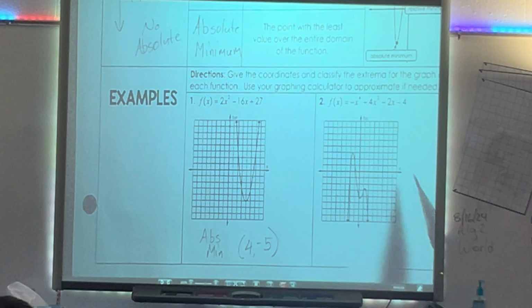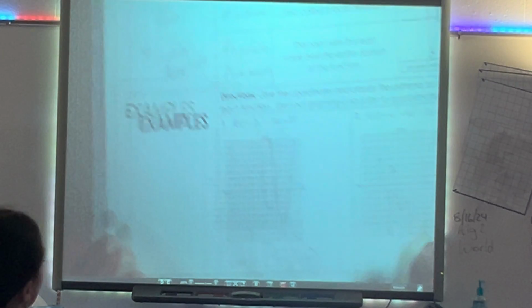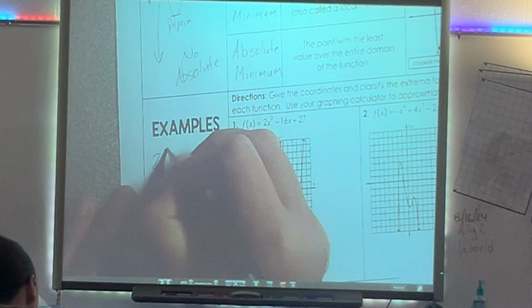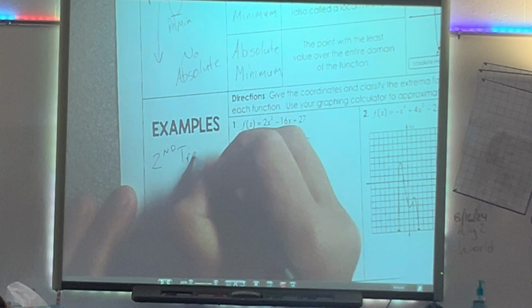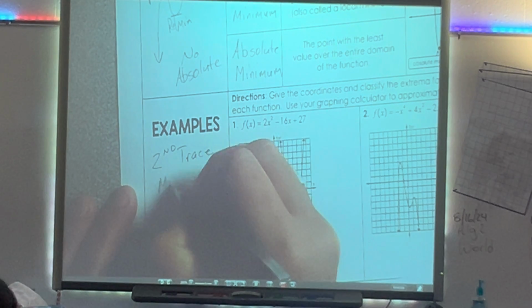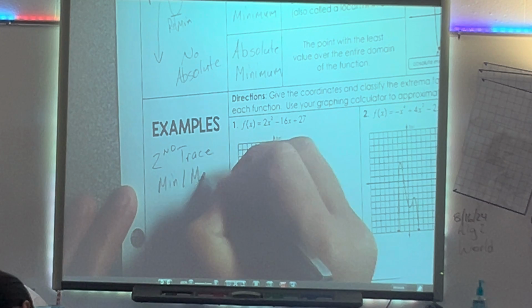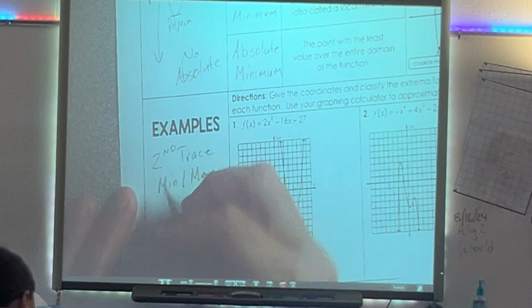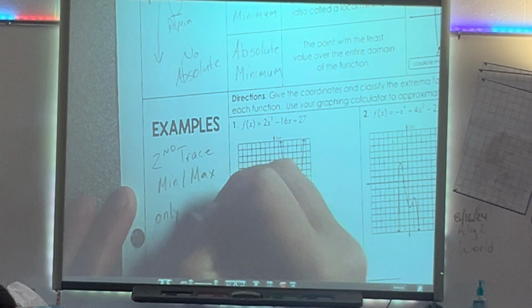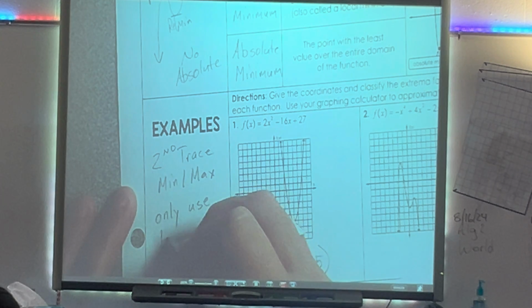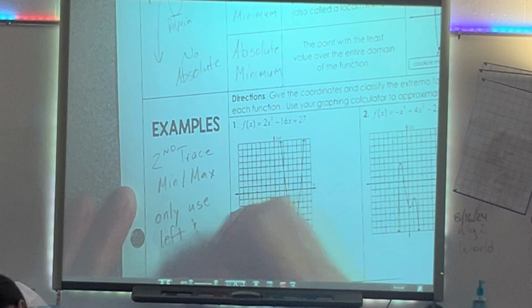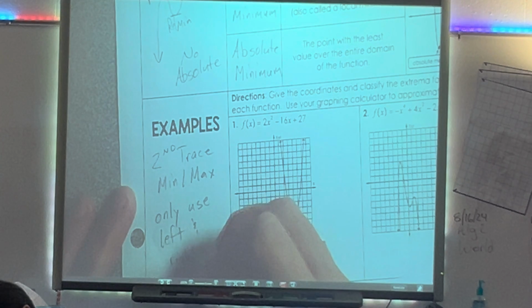But some of these over here are not always super obvious, so we'll use your calculator. That's going to be your second trace. And you're going to select your minimum or your max option. And remember, just as a reminder, we only use left and right arrows there.